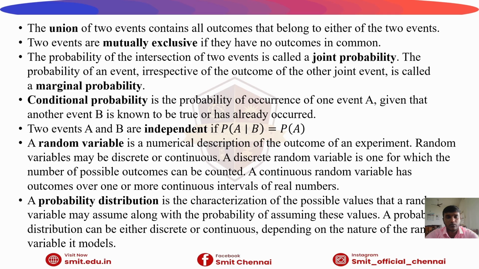A probability distribution is the characterization of the possible values that a random variable may assume along with the probability of assuming these values. A probability distribution can be either discrete or continuous depending on the nature of the random variable it models.